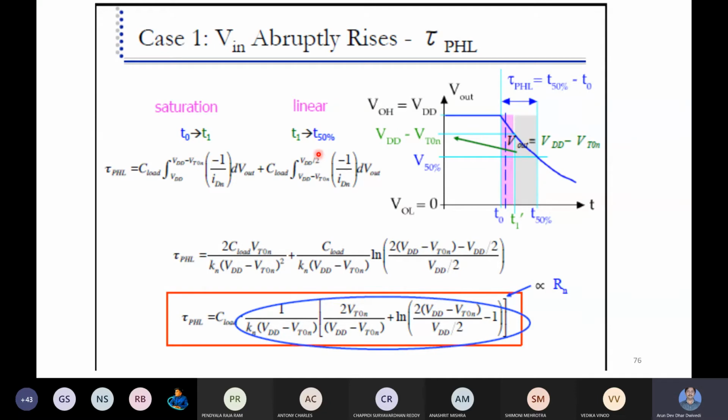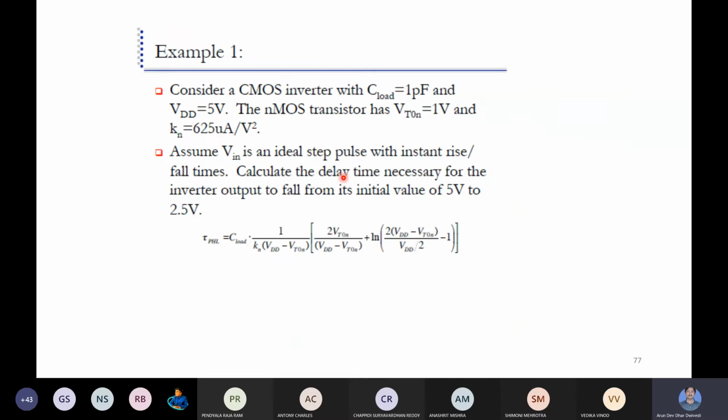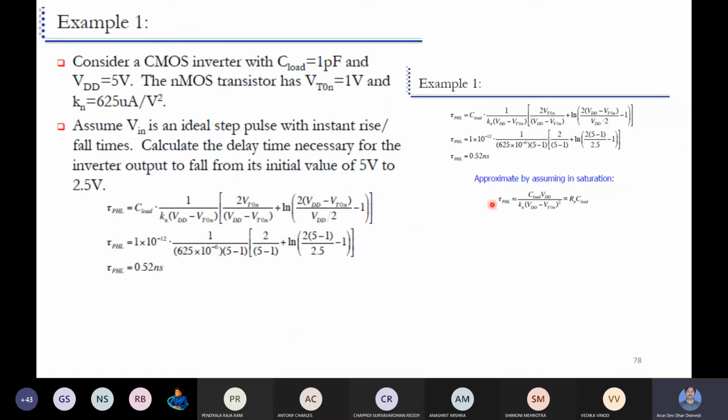But by crude approximation we can consider the whole region as saturation. Taking the same approximation for the saturation current in the integral, TPHL can be written by integrating as C load VDD by Kn (VDD minus VT0n) whole square, which is proportional to Rn C load.